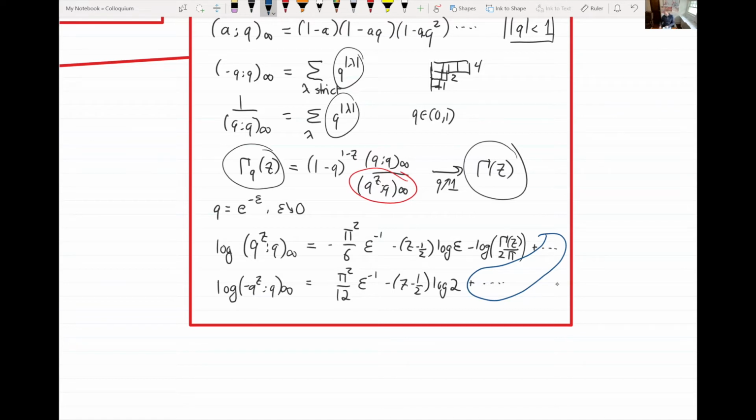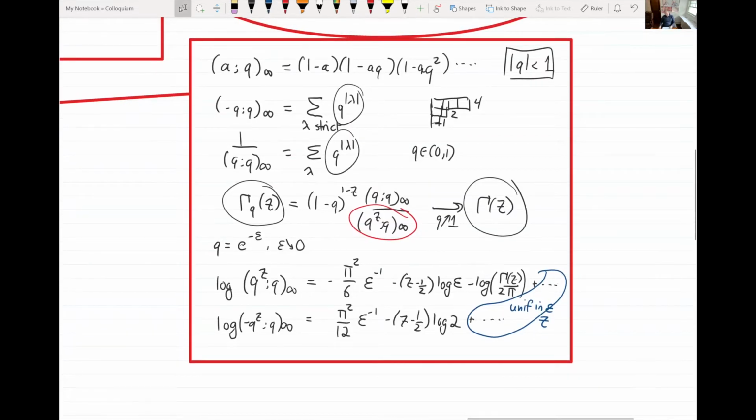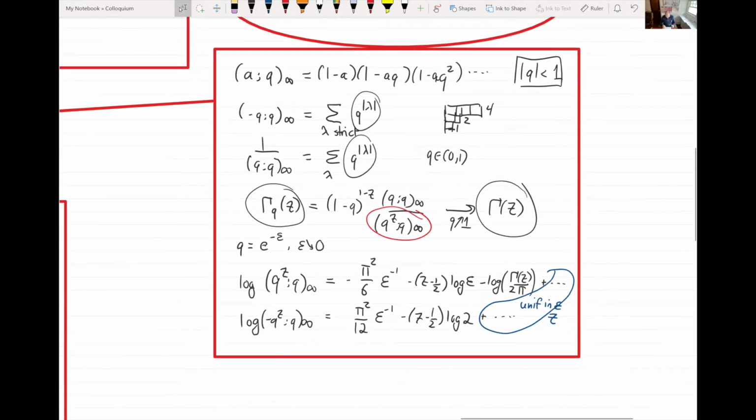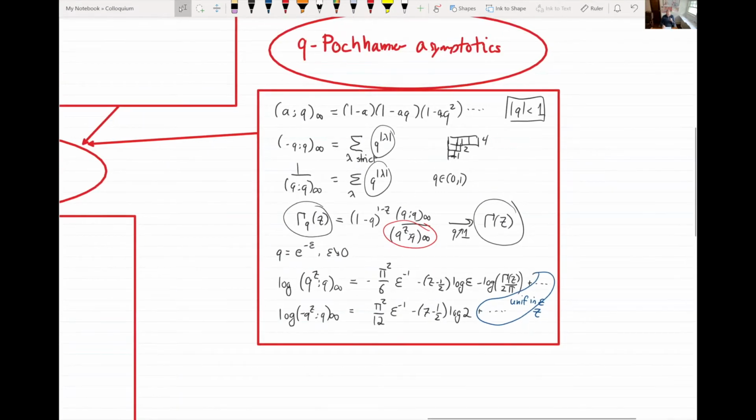It turns out that we need very strong uniform results in both epsilon and z, where z can vary in the entire complex plane and epsilon is tending to 0. And this is something that turns out to be very important in our story, as well as, if you imagine, it could be very important in other sorts of asymptotics. So I won't go into the detail of these uniform results. I'm just mentioning this as a key technical detail.